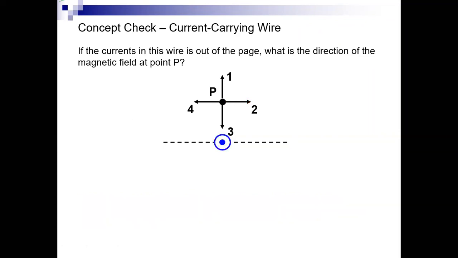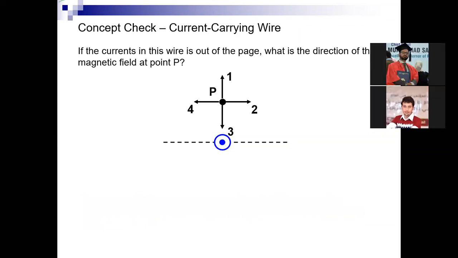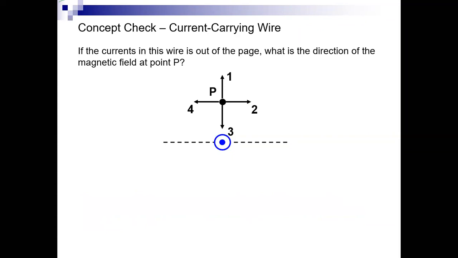Now, for this situation, when the current is out of the page, out of the screen, what would be the direction of the magnetic field? Anyone else?